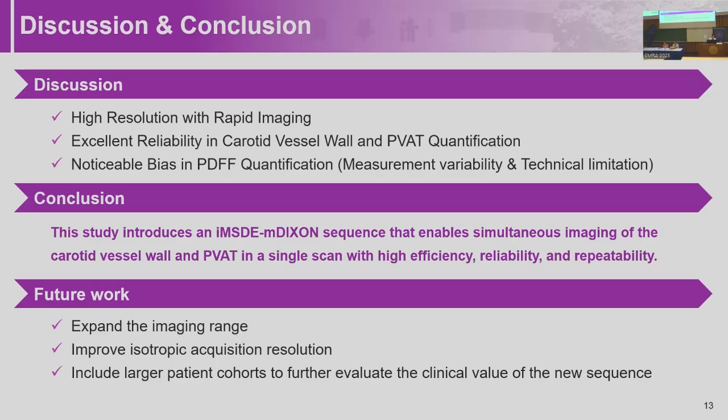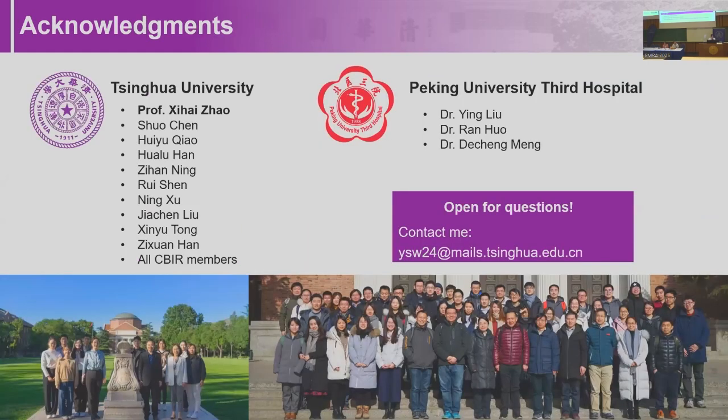Future work should aim to expand the imaging range, improve acquisition resolution, and include larger patient cohorts to further evaluate the clinical value of our new sequence. That's all for our research. Thank you for your attention.